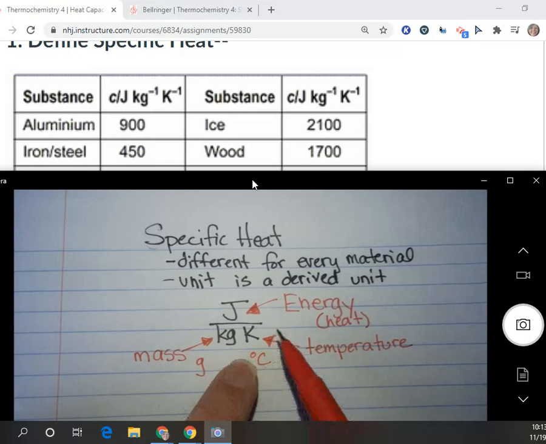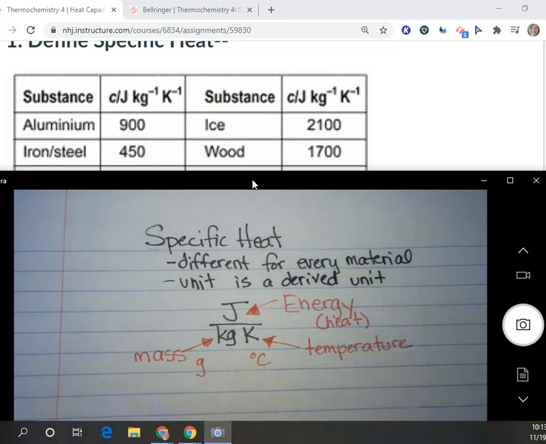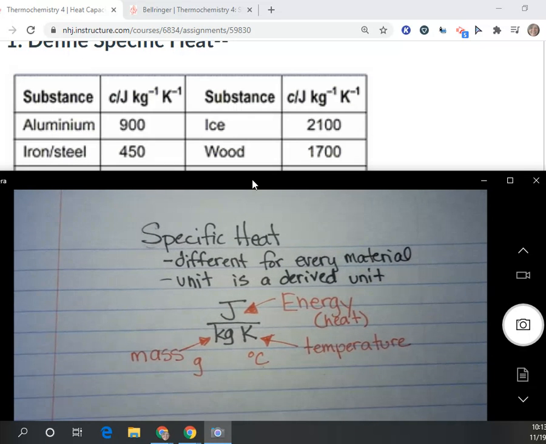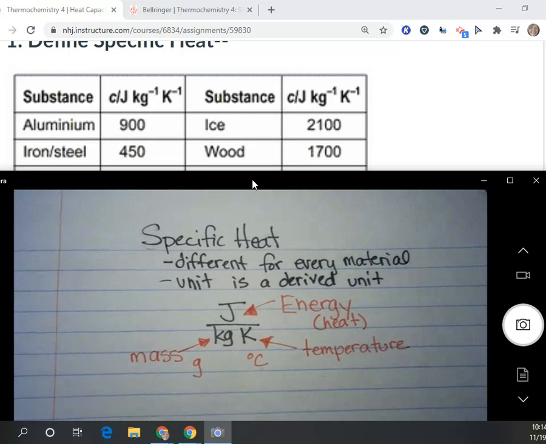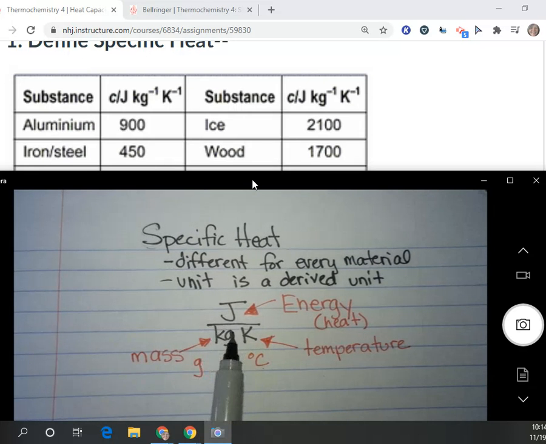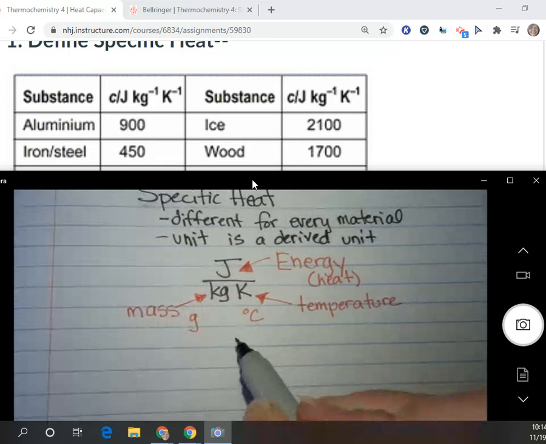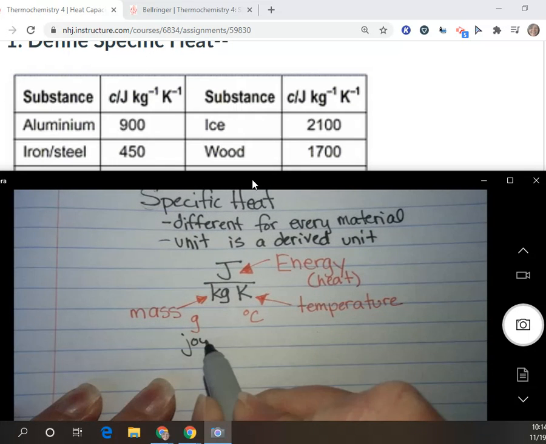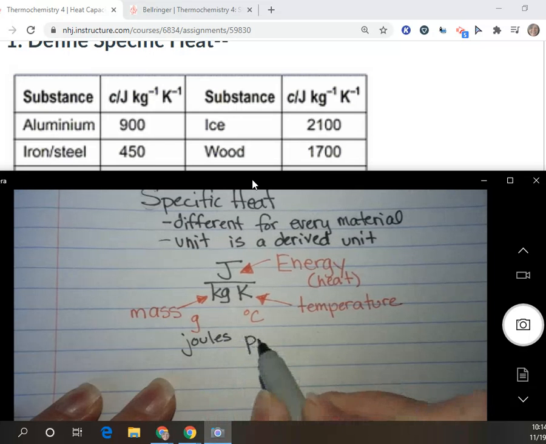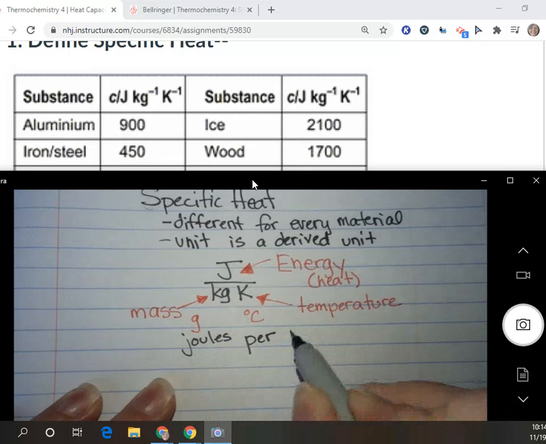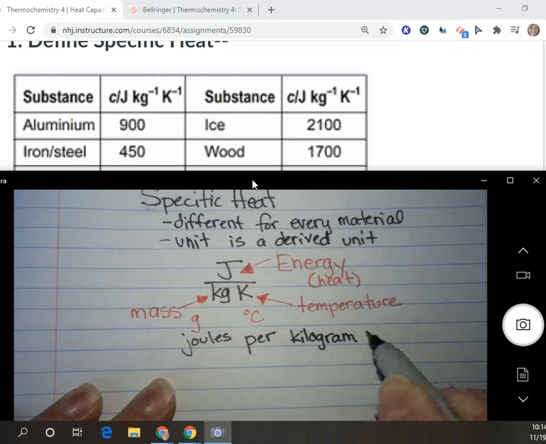So when we think of specific heat, let's define it using the unit that it has. If I told you to read this unit, how would you say it? You would probably say joules per kilogram Kelvin.